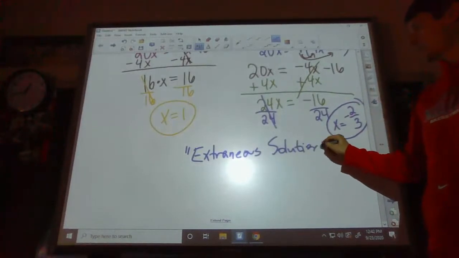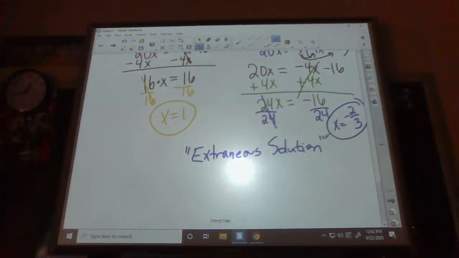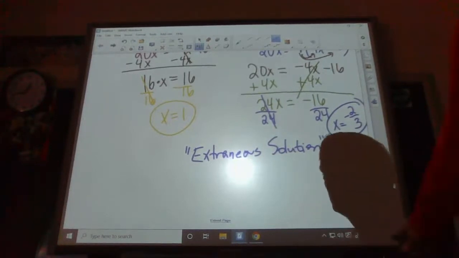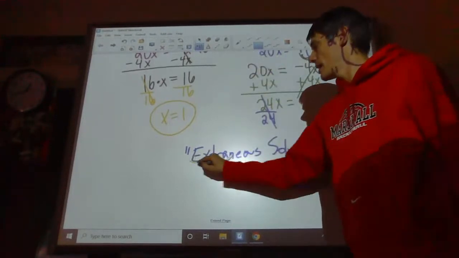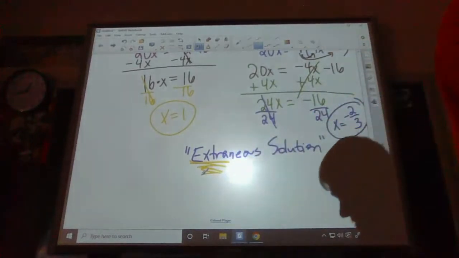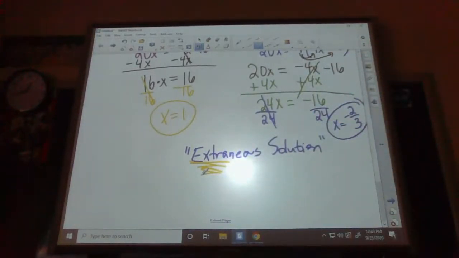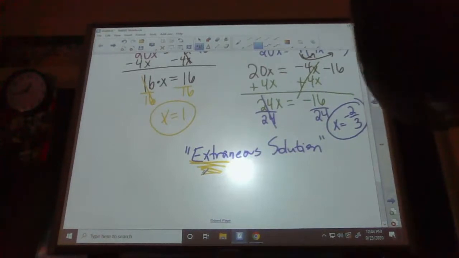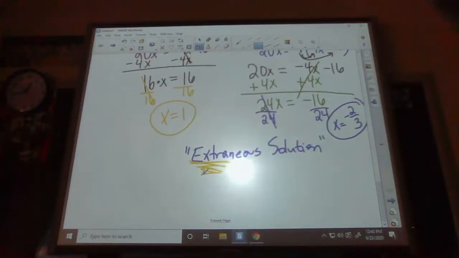Look at that fancy word, right? What in the world is that? The word extra is basically a shortened version of extraneous. So an extraneous solution is a solution that you get that necessarily is not the right answer.